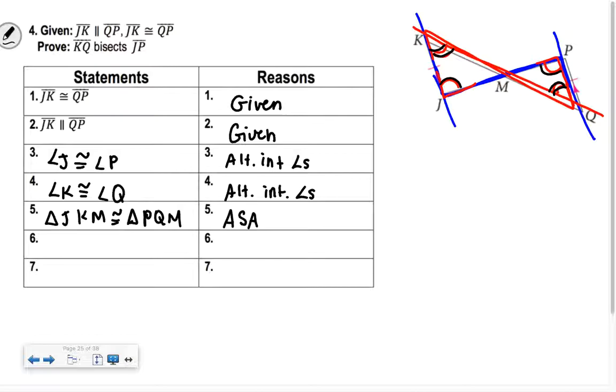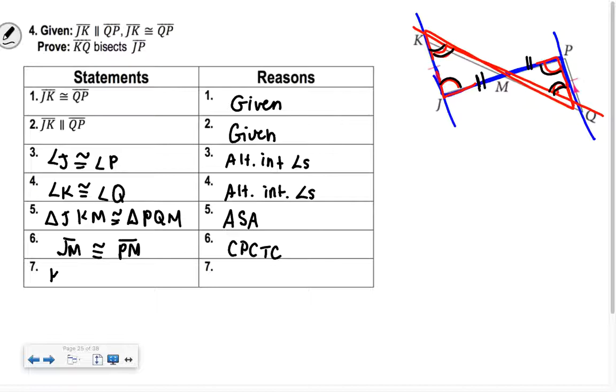We're trying to get to the point where we say that KQ bisects JP, so we want this to be congruent to this next. So we're going to say that JM is congruent to PM. That was by CPCTC.